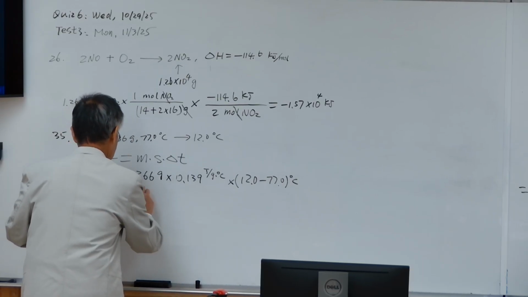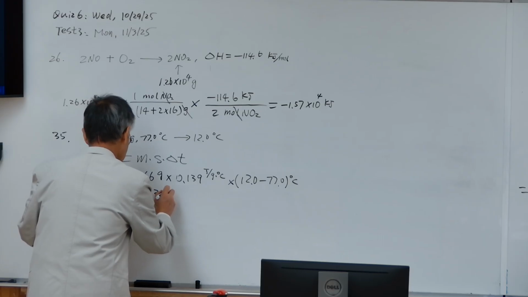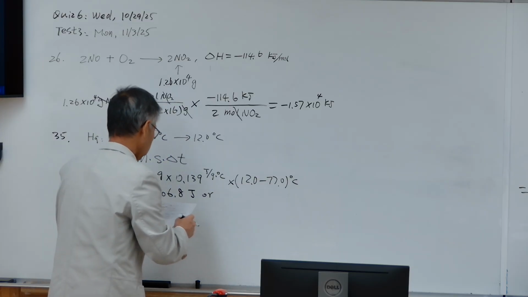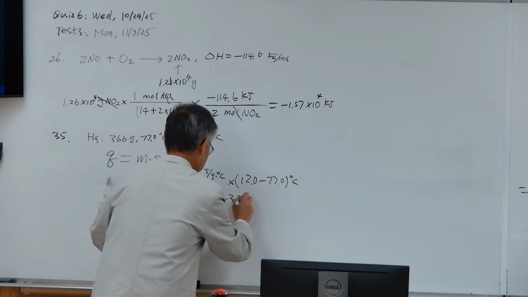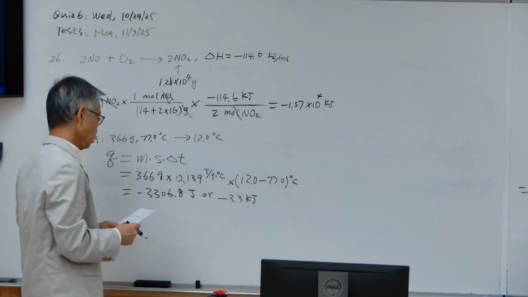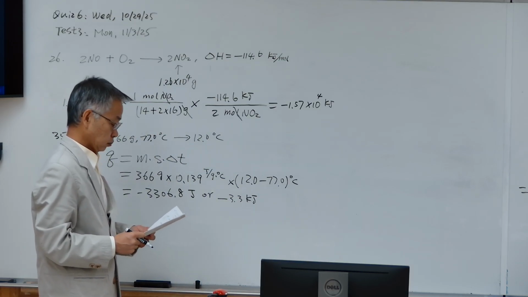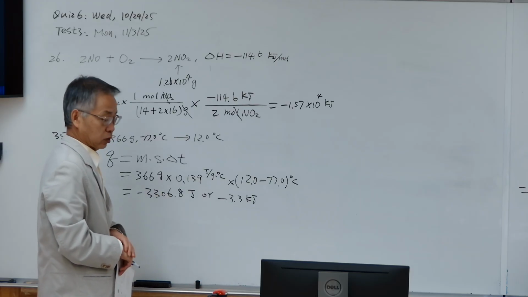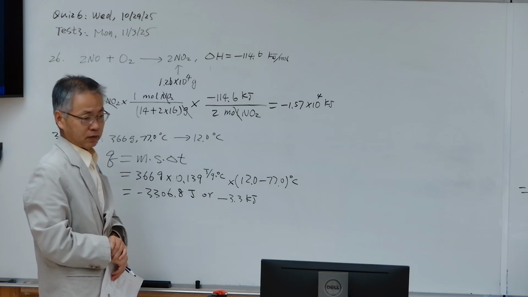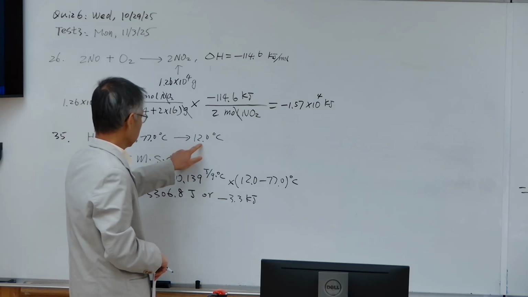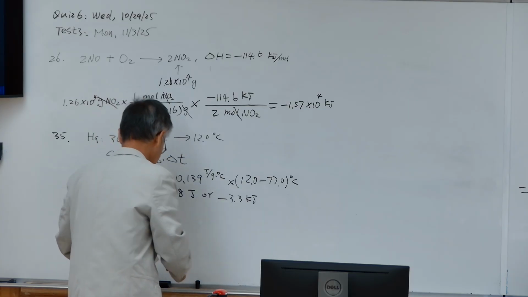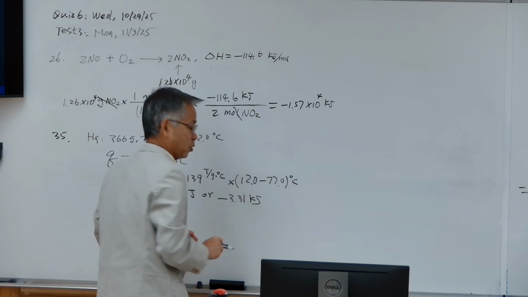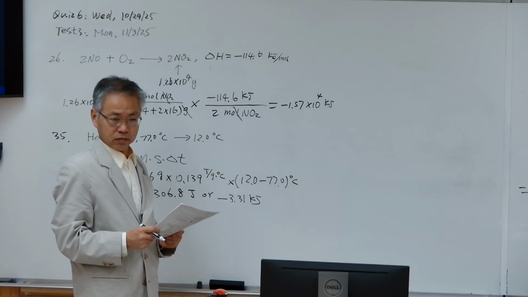This is going to be negative 3306.8 joules, or you can convert to kilojoules: negative 3.3 kilojoules. More accurately, with 3 significant figures, 3.31 kilojoules. Are you okay with this?